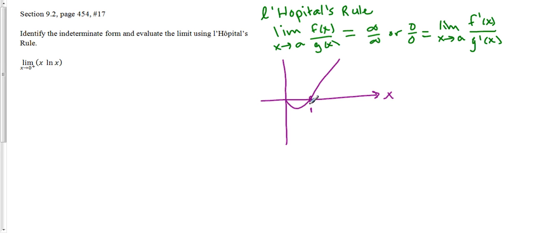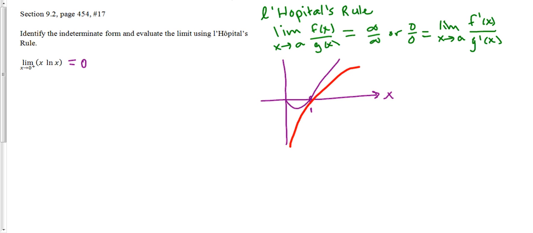So our second method for evaluating limits is to substitute in. If I substitute in here, I know that x is going to be 0, but what's going to happen to the natural log of x as I approach 0? Well, I think we should graph that as well. So I'm going to put this on the same graph, but I'm going to use a different color, and I get something that looks like this.